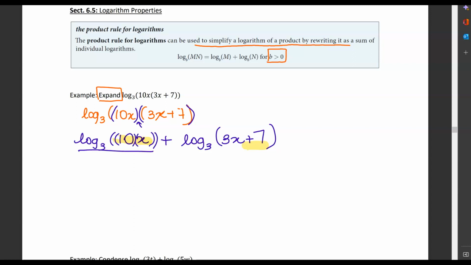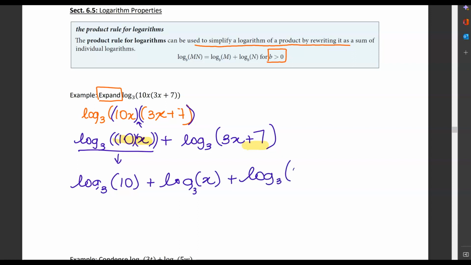So that means that this side will turn into log base 3 of 10 plus log of x, I'm going to drop the 3, base 3, plus log base 3 of 3x plus 7.